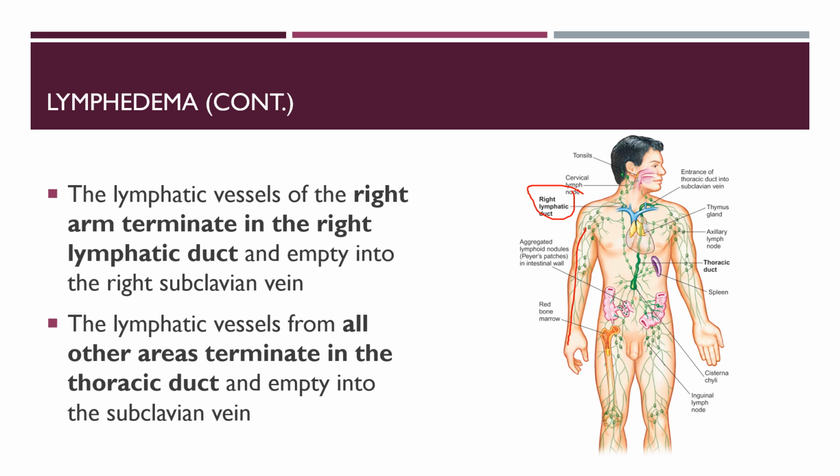The lymphatic vessels from all other areas terminate in the thoracic duct over here, and they empty into the subclavian vein. So it's important to know and understand your anatomy. Definitely not the most important section for our lecture and discussion, but you should probably know this piece.